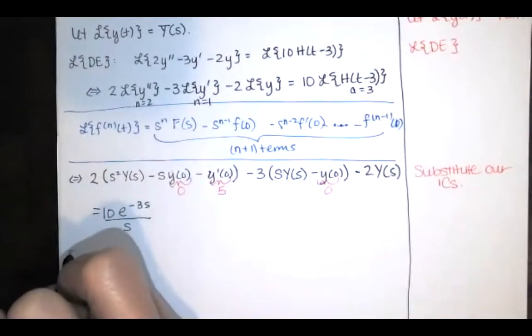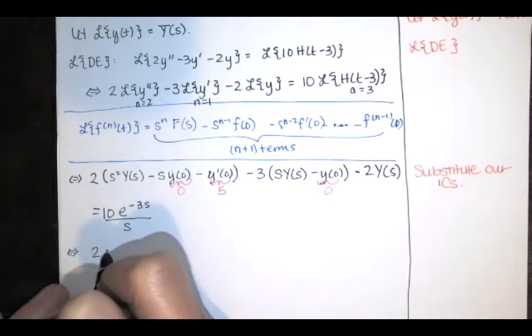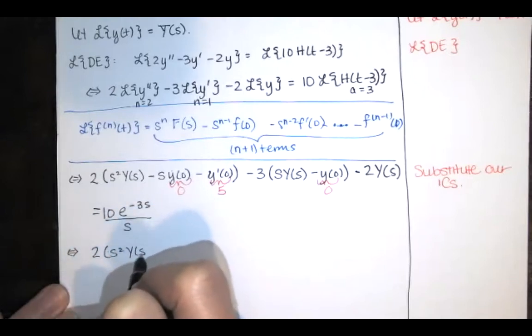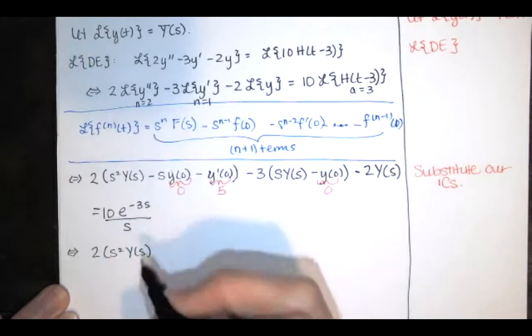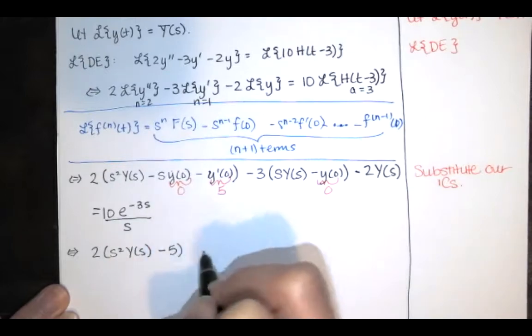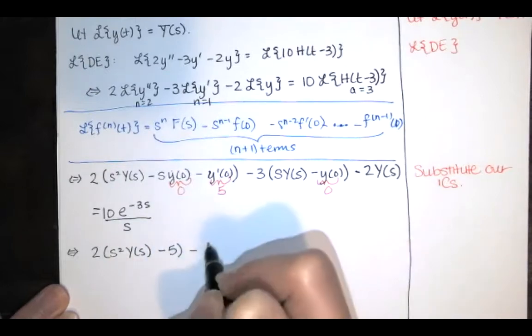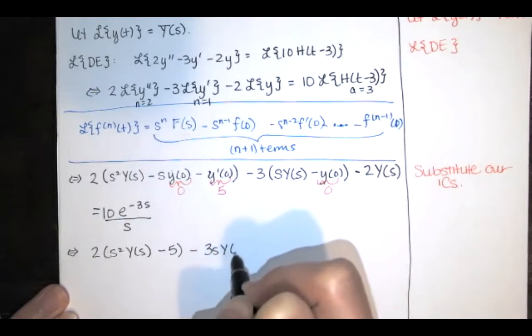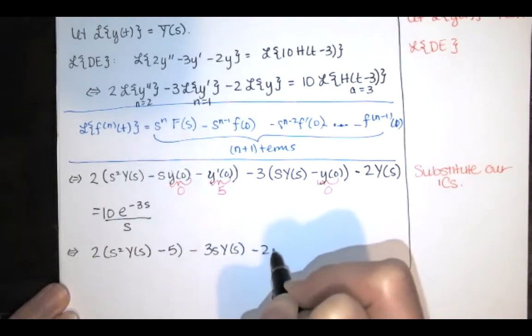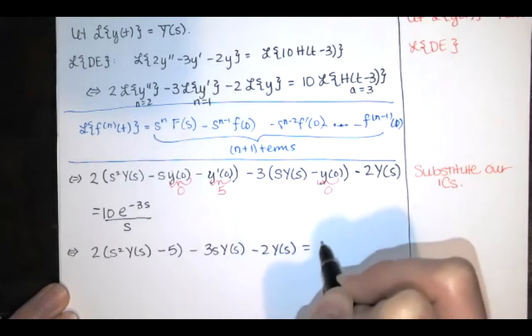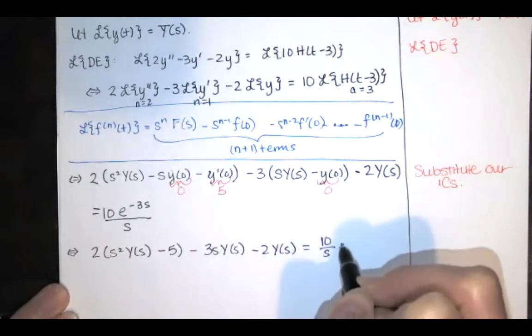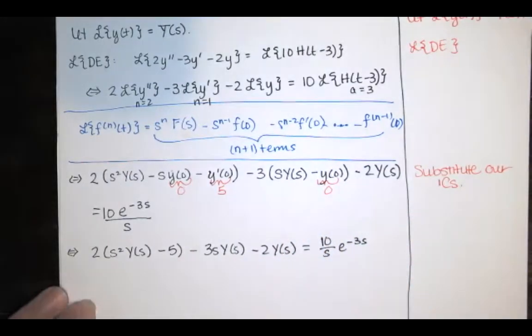Okay, so we end up with 2 times the quantity s squared y of s minus s times 0, which is of course 0, minus 5, minus 3s times y of s, minus 2y of s, equals 10 over s times e to the negative 3s.